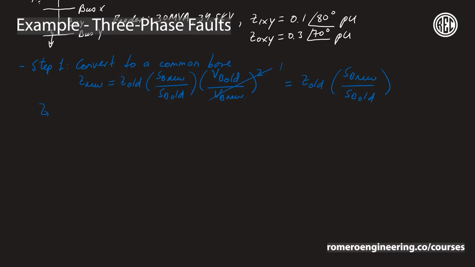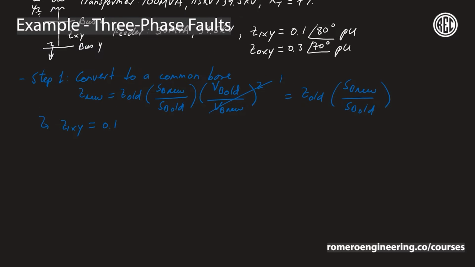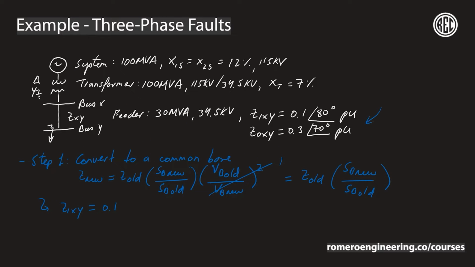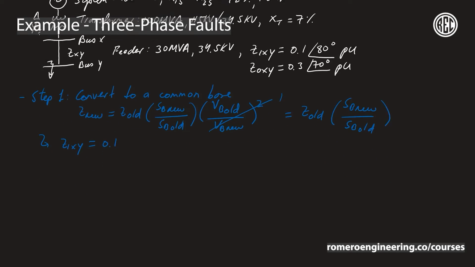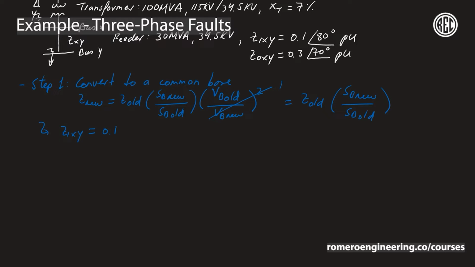So for this example then, let me move this up again. I'm going to have that the positive sequence impedance of the feeder, Z1XY, is going to be equal to 0.1. Again, that comes from these numbers over here at the top. I'm only using the magnitude because of course the angle is not going to change.